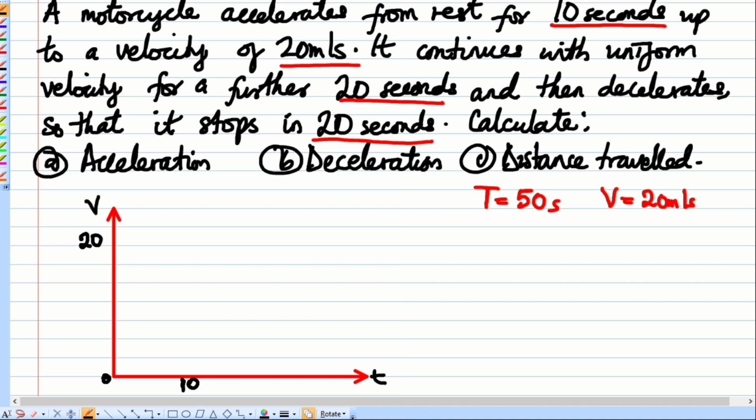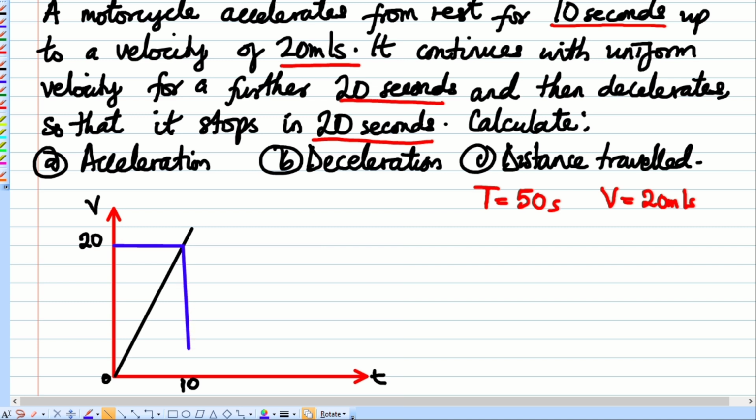Alright, so let's draw the line. You see that it's going to go in this direction since the velocity was increasing. So let's connect the y-axis and the x-axis together. When the velocity is 20 meters per second, the time is what?